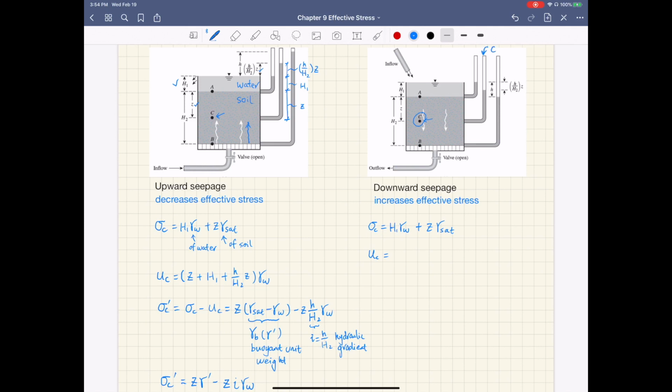So this height here, if you look at this plot, this portion I highlighted is h1 plus z. And then you have this small portion here.